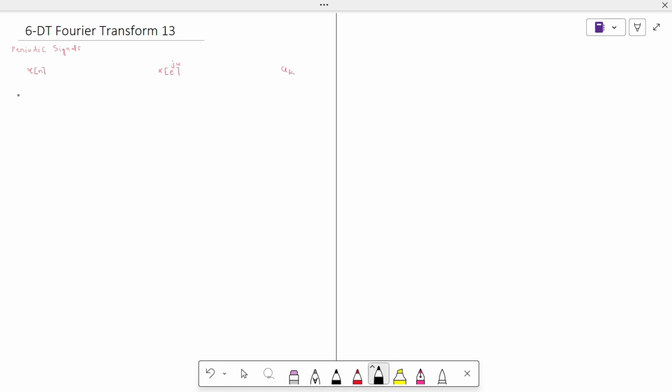Now the first one, I'm taking any random signal x of n. We can write it in Fourier series representation as the sum of ak into e power j k omega naught into n, with k within the time period.